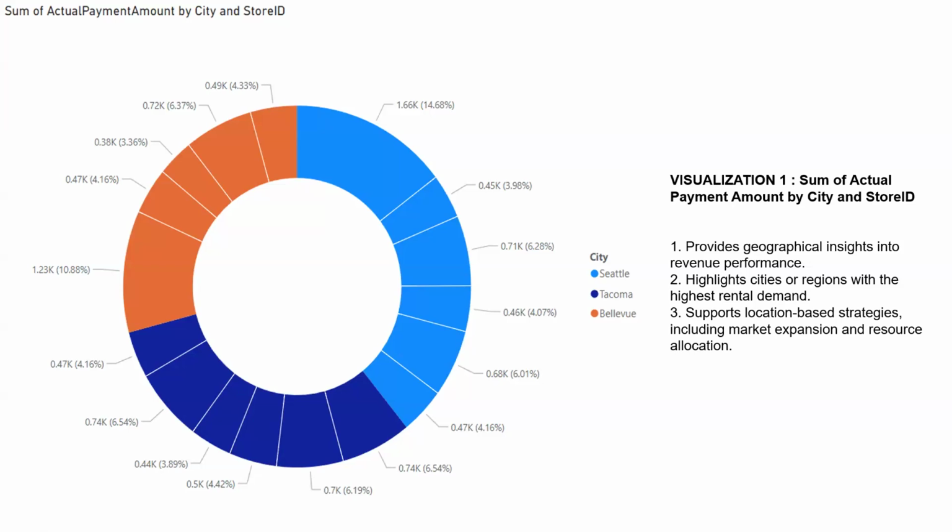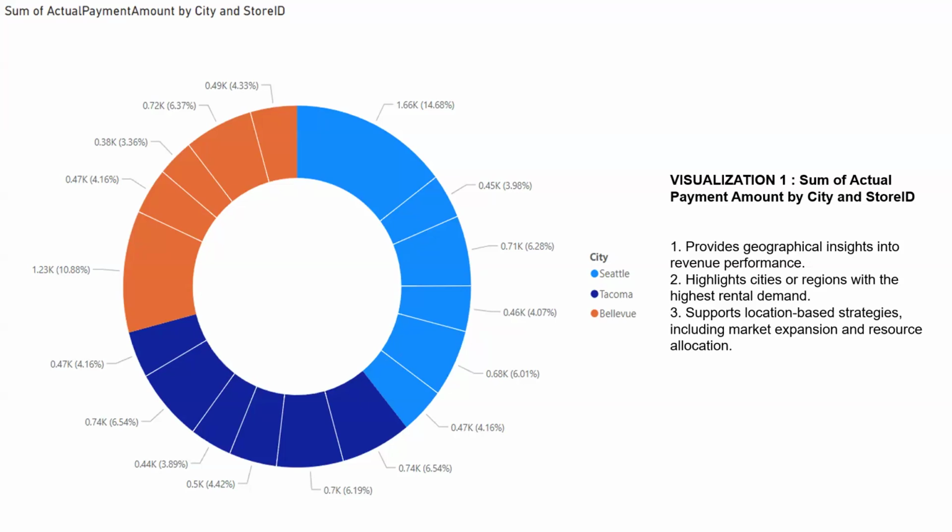However, this chart does not display the specific store ID directly. But in Power BI, you can just hover over the blue, orange, or other segments so that you can see the corresponding store IDs. These interactive features ensure all necessary details are accessible.